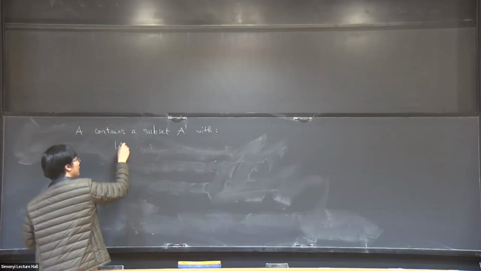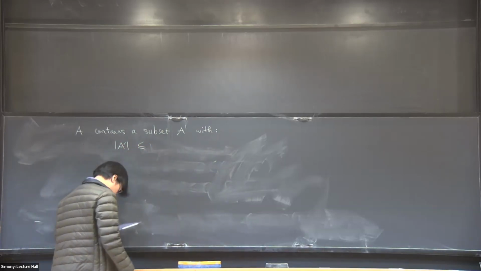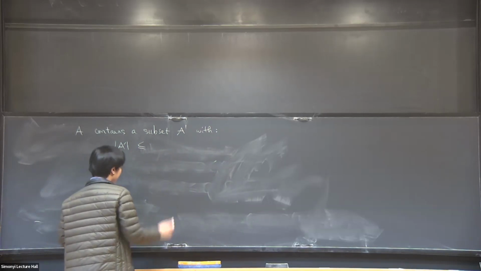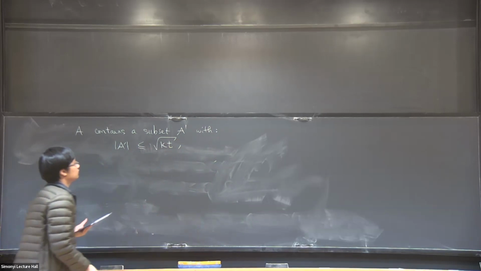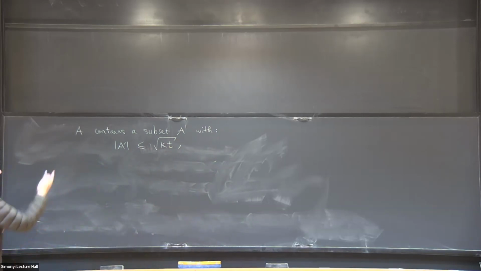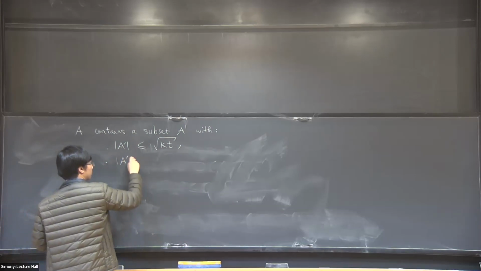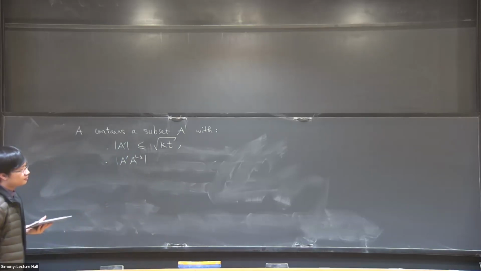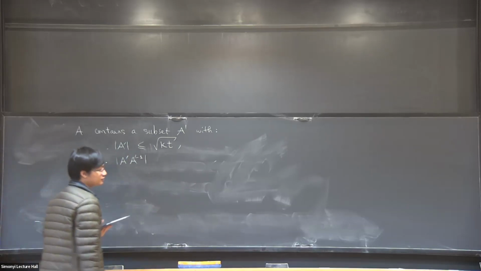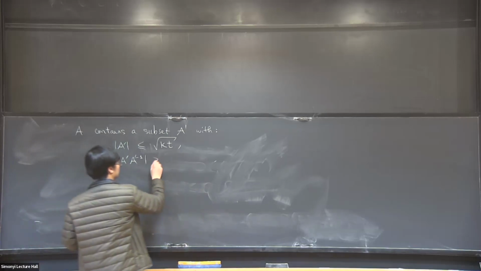The size of A prime is now significantly smaller than the size of A. The size of A prime is smaller than square root of KT. So when K is small, this is much smaller than T, which is the size of A. And furthermore, the product set A prime times A prime inverse is still very big. Actually, it's still a constant fraction of the product set A times A inverse.